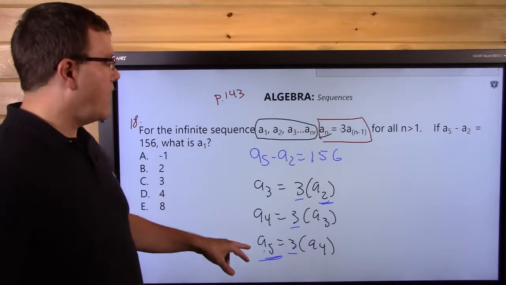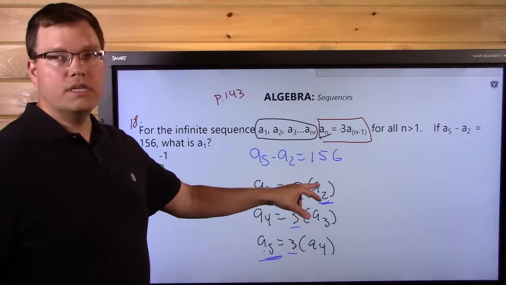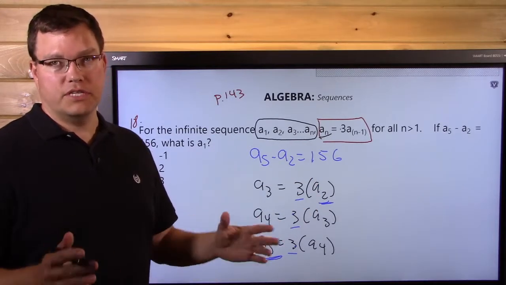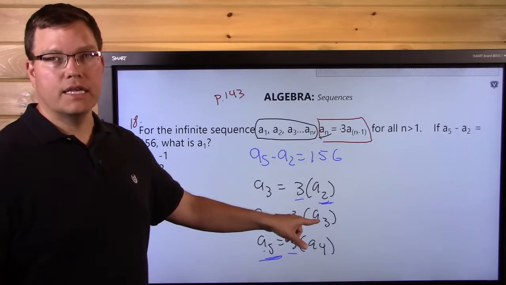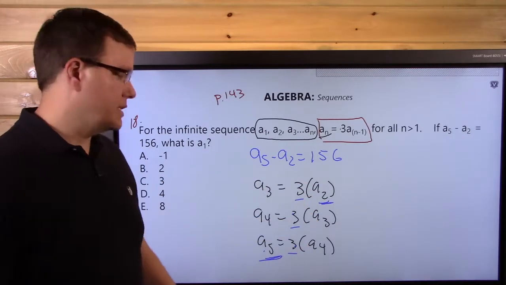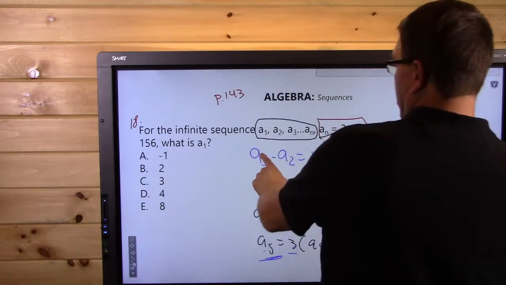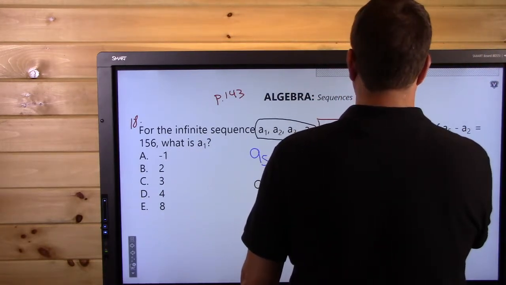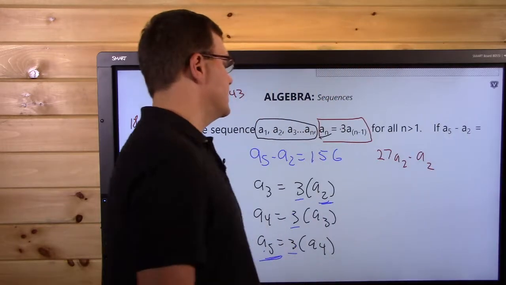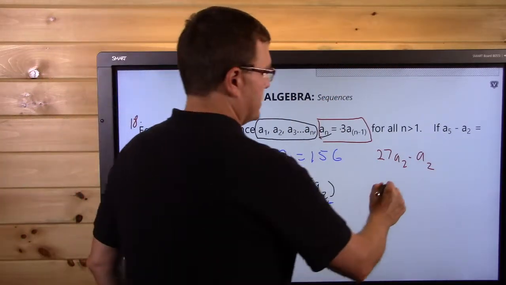So a sub 5 is equal to 27 times a sub 2. So we can replace a sub 5 with 27 times a sub 2 minus a single a sub 2 equals 156.